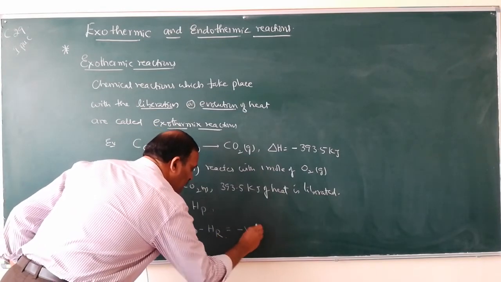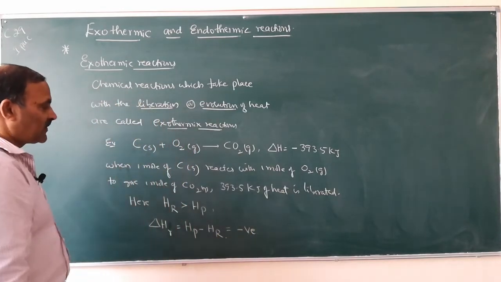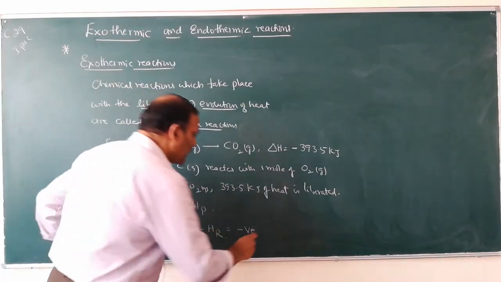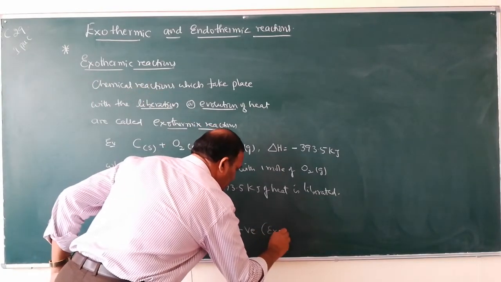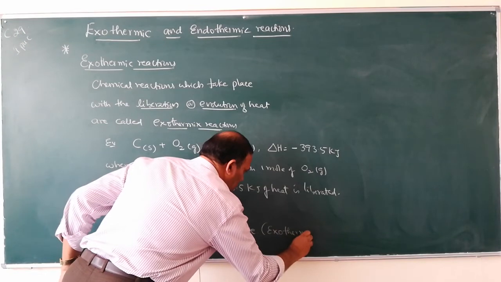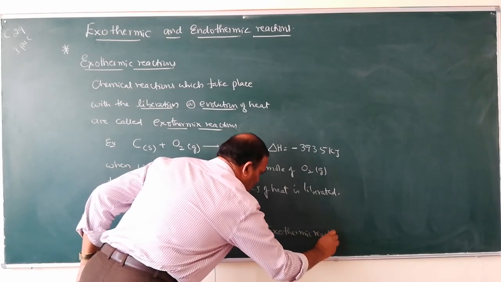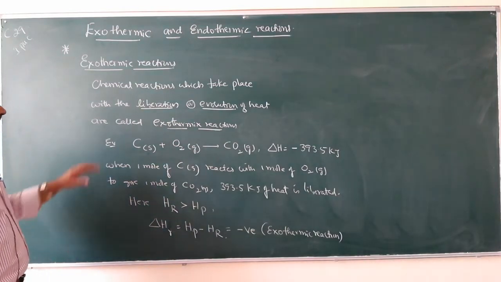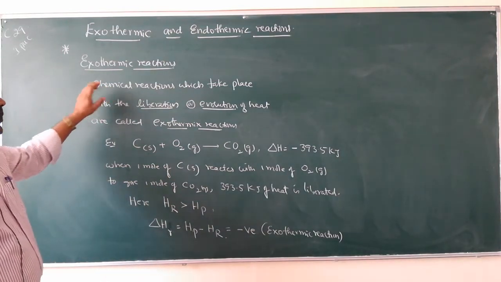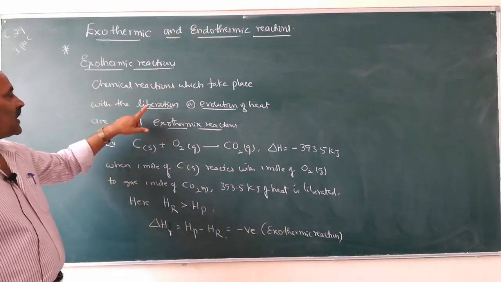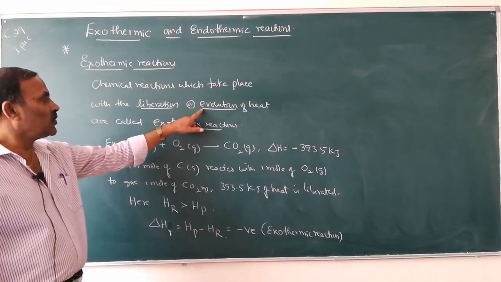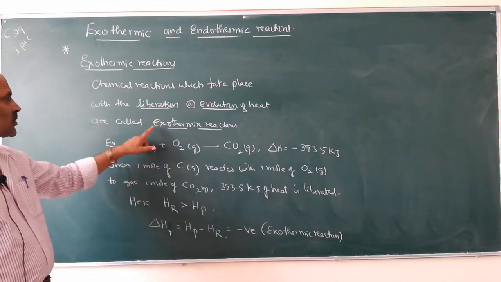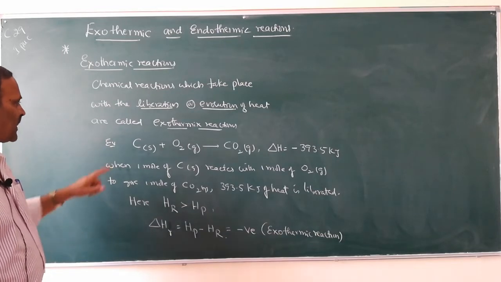Delta H is negative. If delta H is negative, it is an exothermic reaction. A chemical reaction which takes place with the liberation or evolution of heat is called an exothermic reaction.